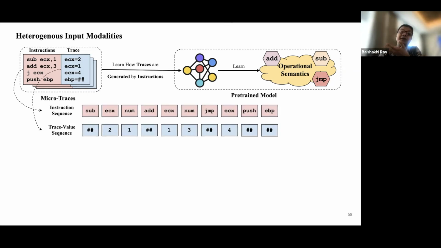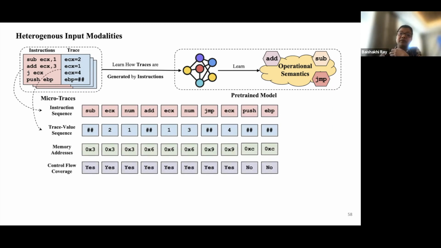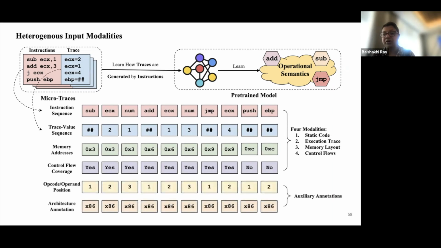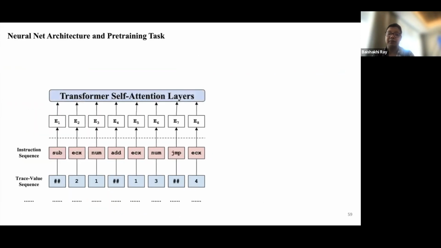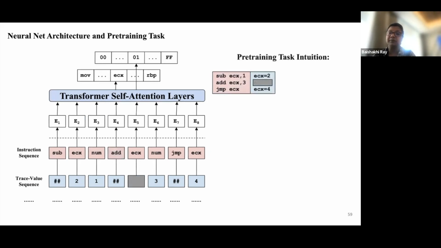Then we added other dynamic value properties like trace, memory address, and control flow coverage, which means whether this branch is executed or not. So we basically have four modalities: static code, execution trace, memory layout, and control flow. And we have some additional auxiliary annotations like the positional encoding as well as which architecture this particular code is using. With this, we again build a transformer-based self-attention model.